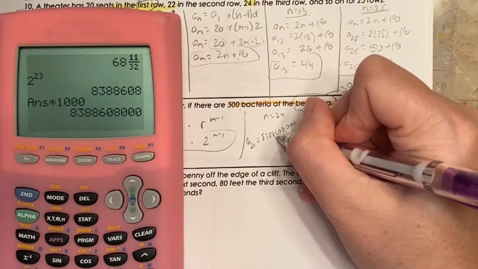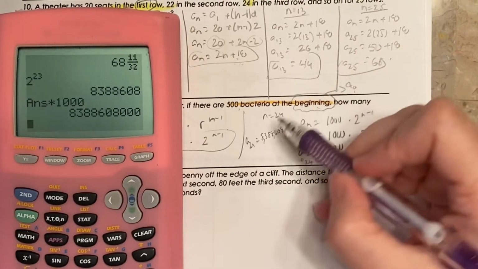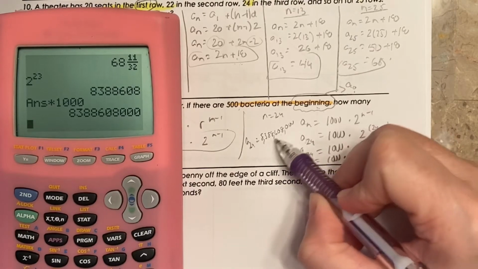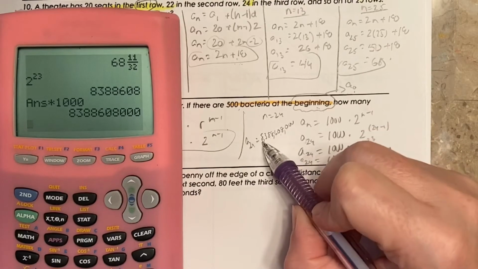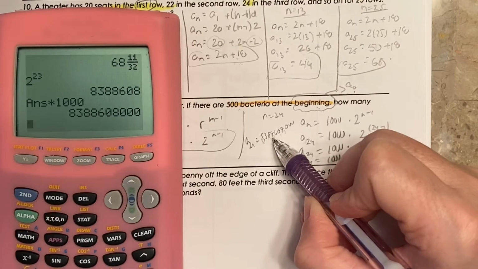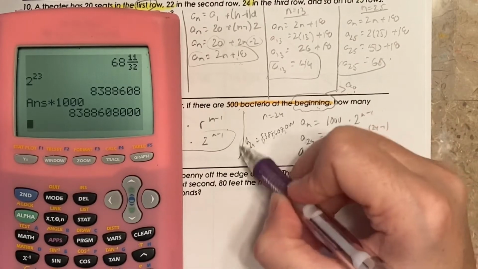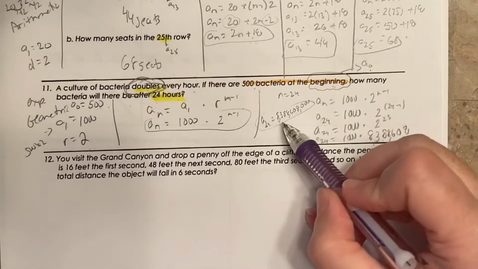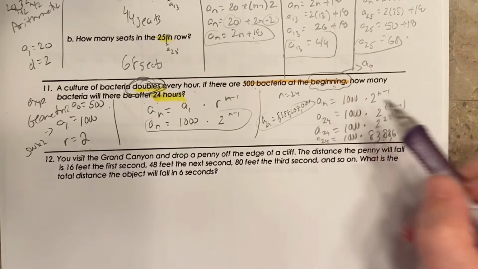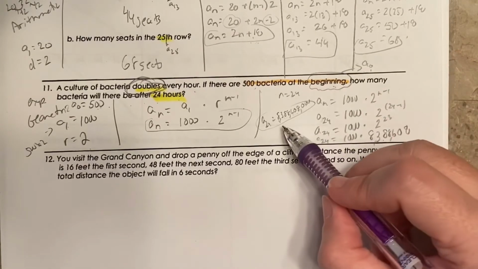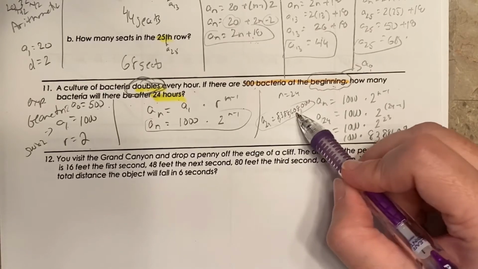Is that trillion? No, so that's million. Okay, so 8 billion, excuse me, 8,388,608,000. I think that's right. Oh boy, it's a big number. Billions, millions, thousands. Yes, good.